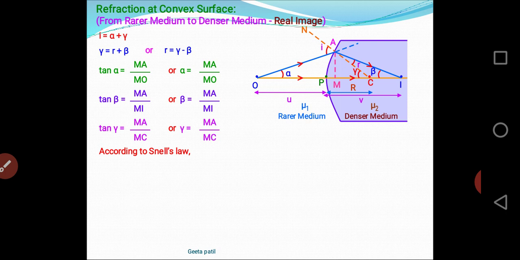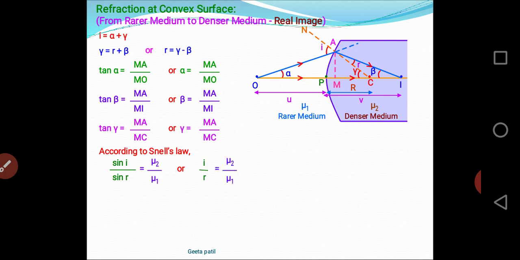According to Snell's law, the refractive index of second medium with respect to first medium is the ratio of sine of angle of incidence to the sine of angle of refraction. That is, sin I by sin R is equal to mu2 by mu1, where mu2 is the refractive index of denser medium and mu1 is the refractive index of rarer medium.